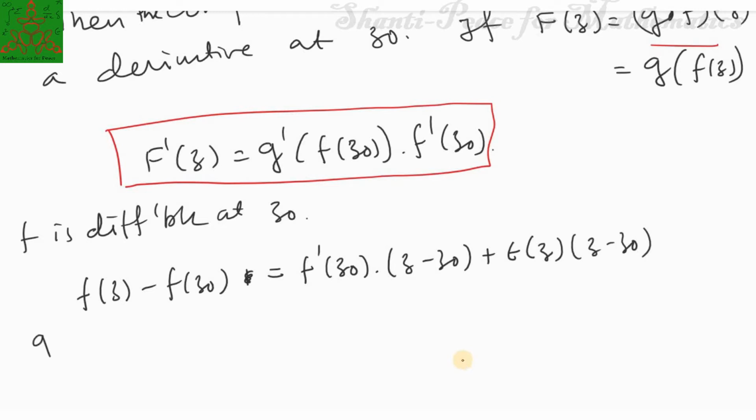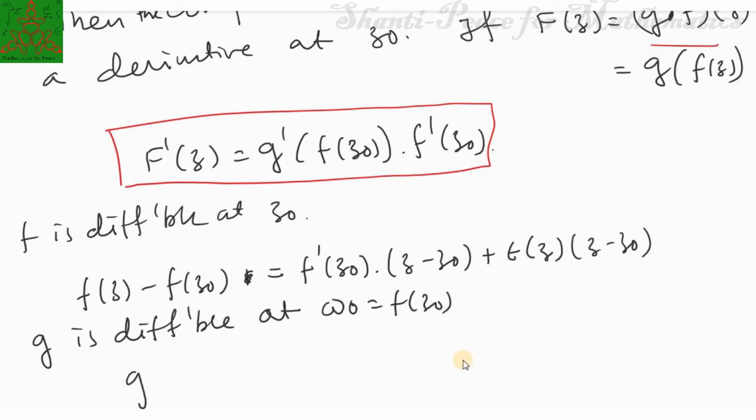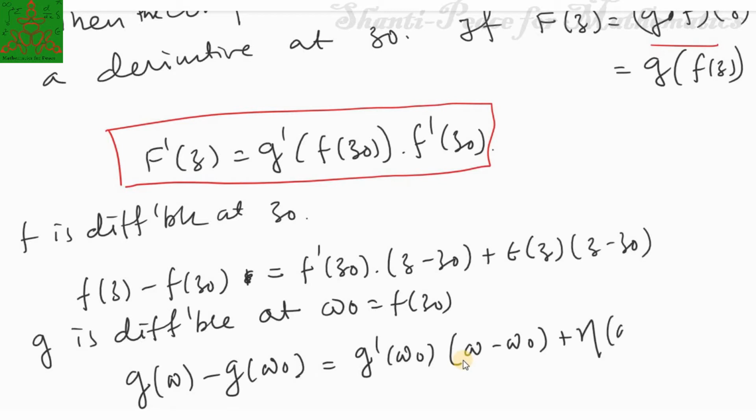And given that g is differentiable at w0 equal to f of z0, then we can write g of w minus g of w0 equal to g dash of w0 times w minus w0 plus eta of w minus w0. Now if I call this equation 2 and this one 3, I substitute the value of w in 3.